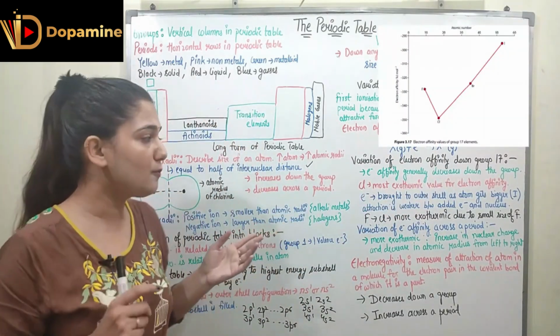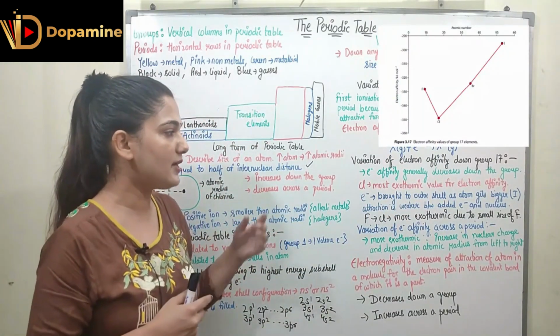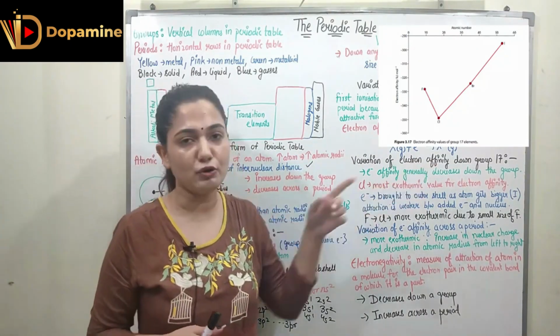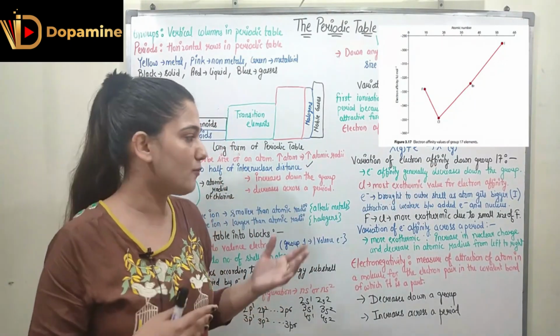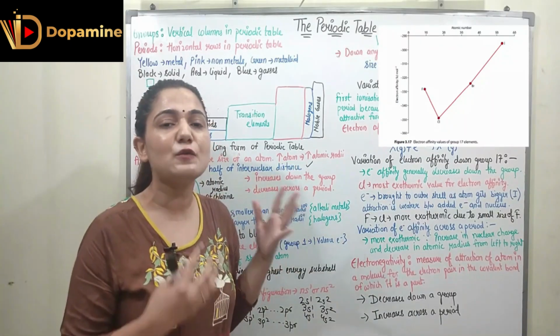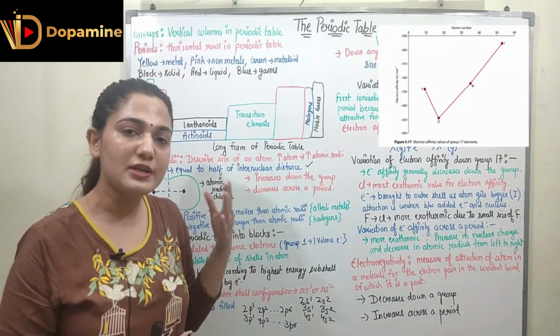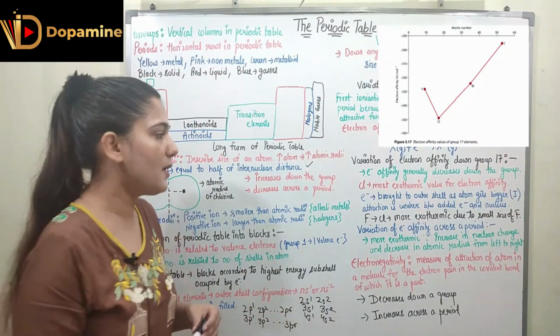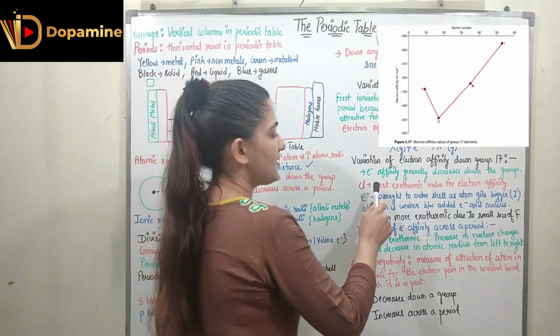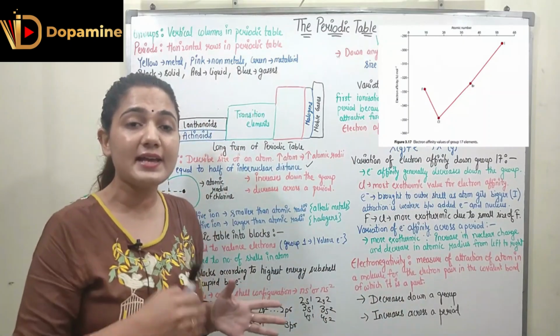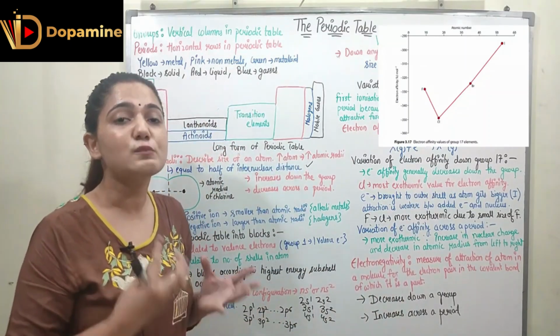If I observe group 17, here you can see electron affinity generally is going to decrease down the group. Why is it going to decrease down the group? Because the size is going to increase, right? So atom size, we all know, is going to increase when we go down the group. So chlorine here has the most exothermic value for electron affinity, whereas fluorine is the smallest atom.